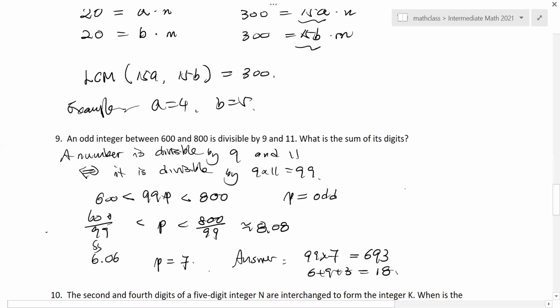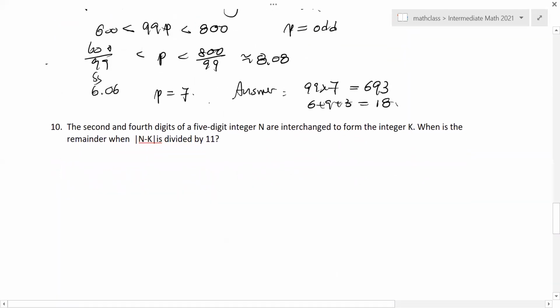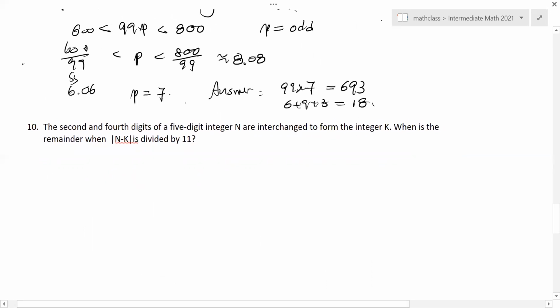All right, so let's move on to the next problem. The second and fourth digits of a 5-digit integer n are interchanged to form integer k.